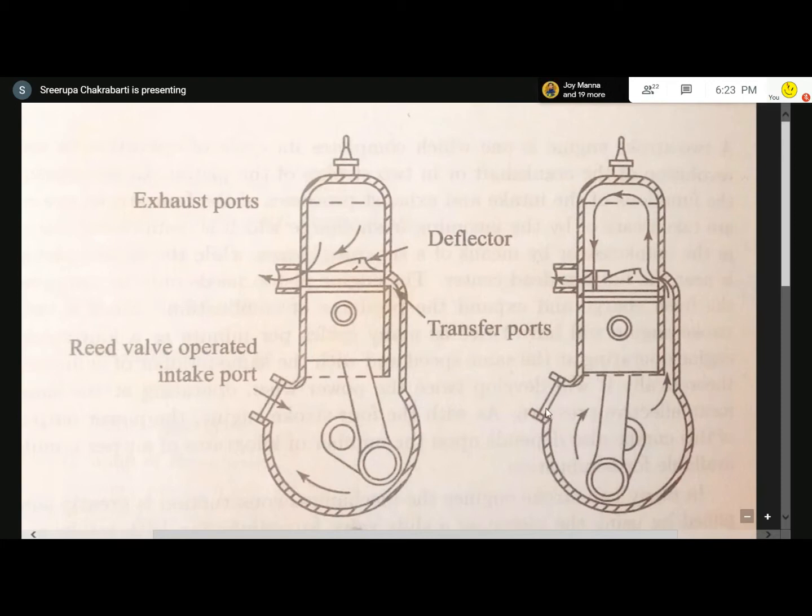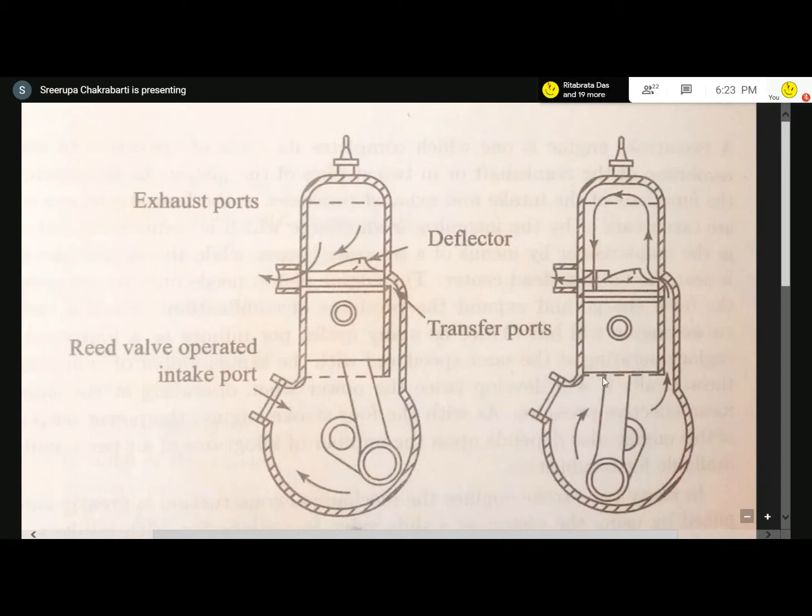So this thing is a spring sort of thing. It is a plate, but a diaphragm type, which opens inward under pressure difference, and the charge will enter into this and will occupy this region.